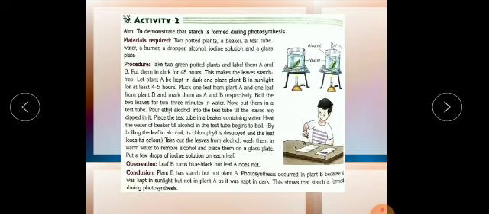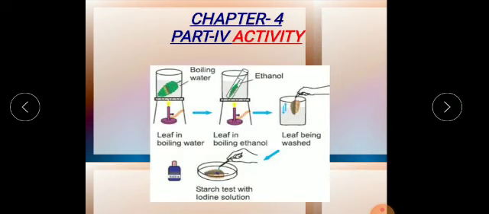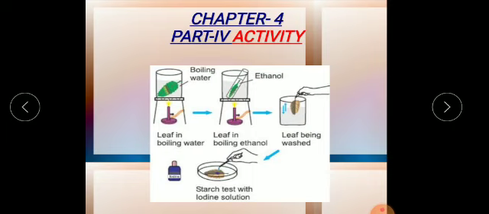Then we do all the steps that I have already explained. That leaf we first boil with water to kill the germs and all, then ethanol, as I explained, then hot water again, and then we do the starch test.